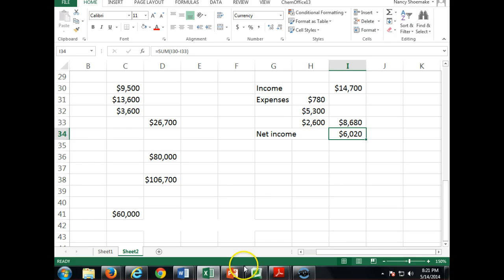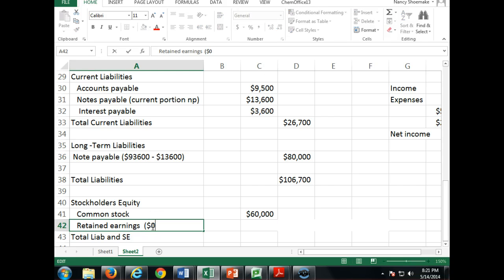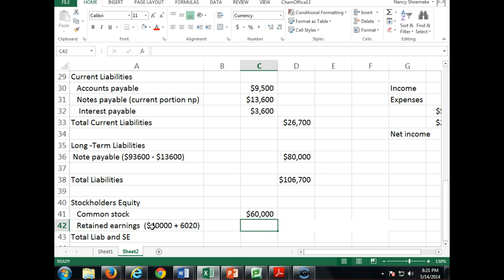So won't we go back here and our retained earnings is going to be what we started the period with, 40,000, and we're going to add to it 6,020, right? Guys, what would happen if they paid out dividends of 2,000? What would be our retained earnings?